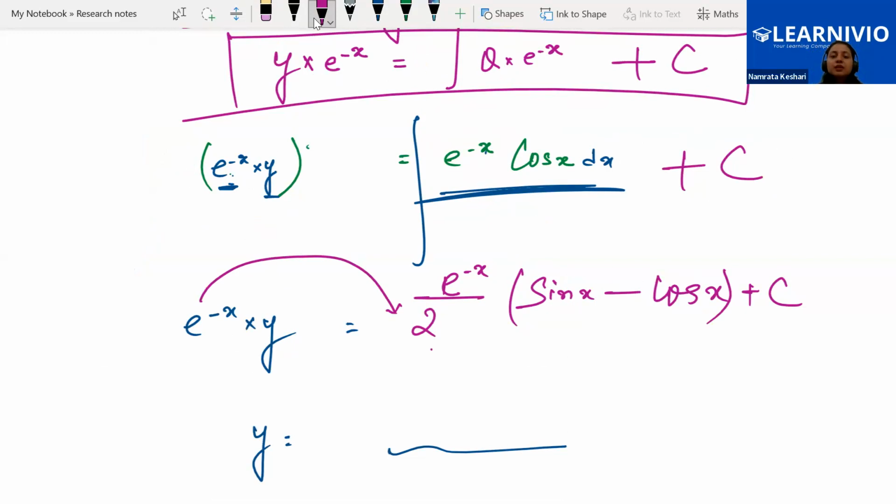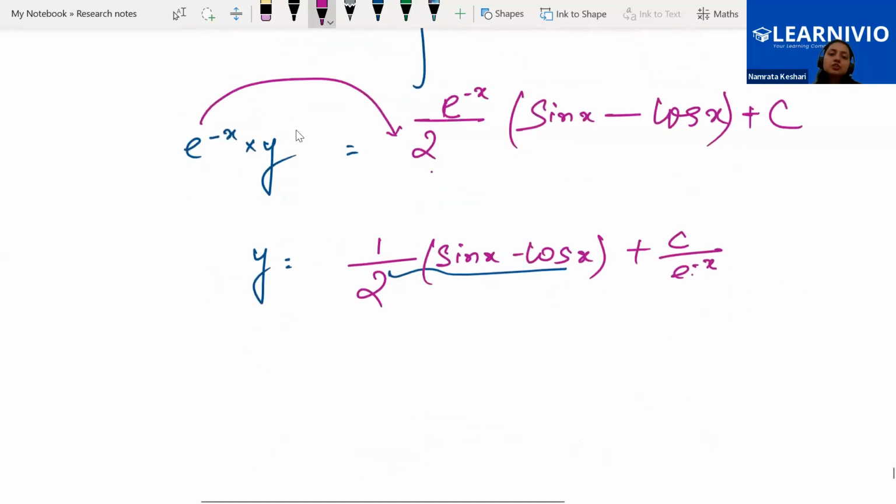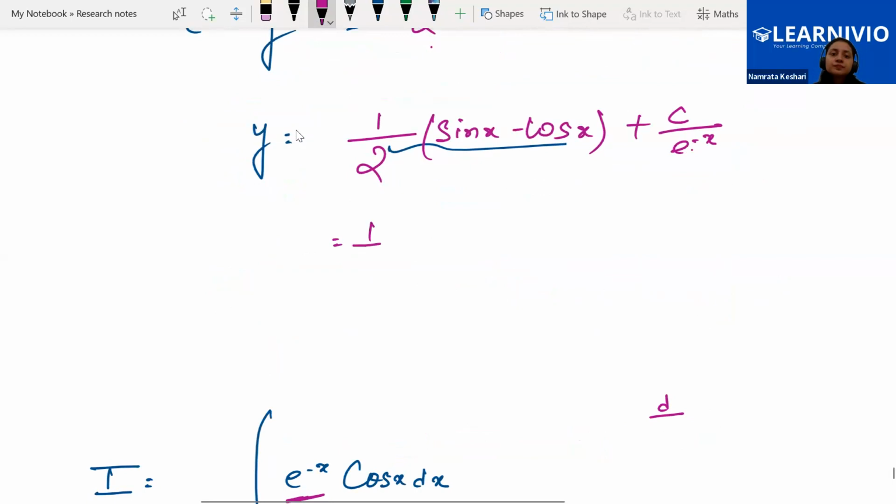In the first part it will get cancelled out, so we will just have 1 by 2 sin x minus cos x. And the other part will go in the denominator, that is c by e to the power minus x. We can write it as c e to the power x. Yes or no? Yes, ma'am. And this is our solution of the given differential equation. Clear? Yes, ma'am.